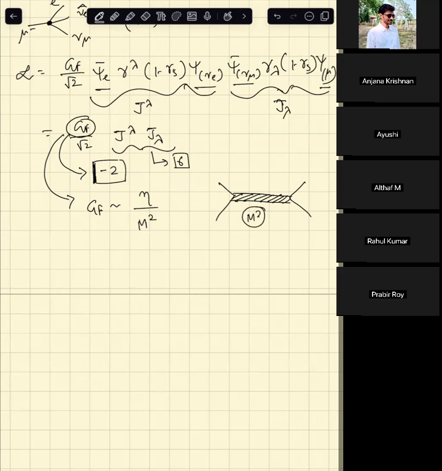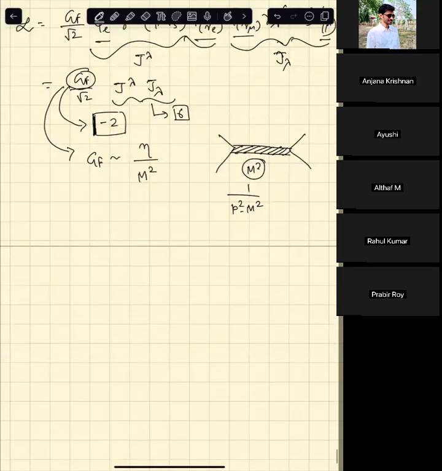Because you know that if it's a bosonic propagator, then it will have some kind of p square minus m square dependence. And then if we go to a limit where m square is much greater than p square, then we can expand this propagator in the following form: 1 by m square, 1 minus p square by m square, inverse.